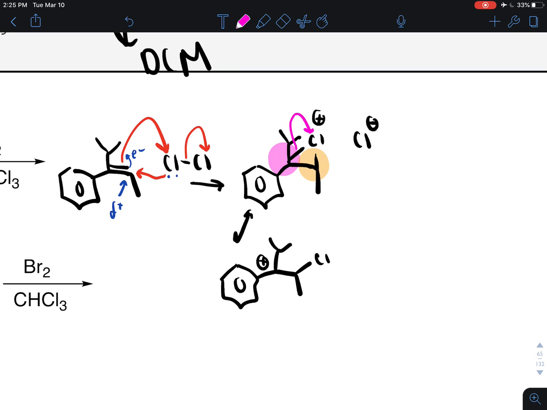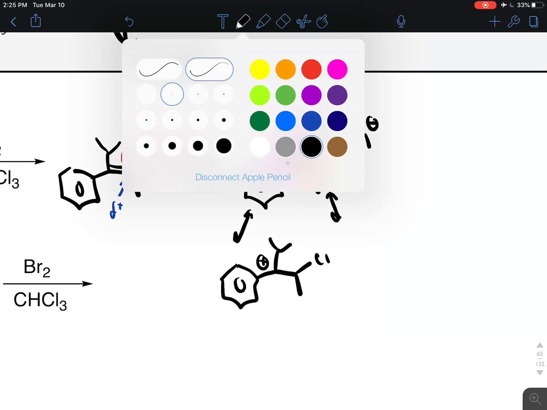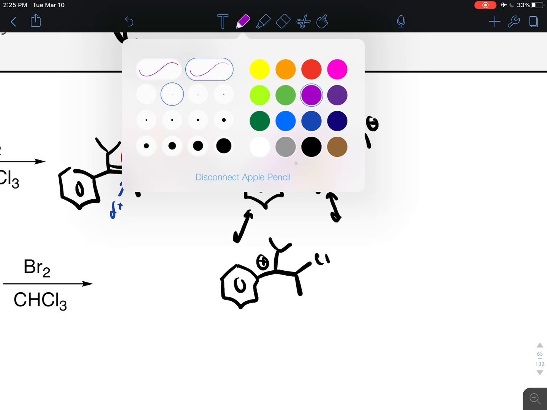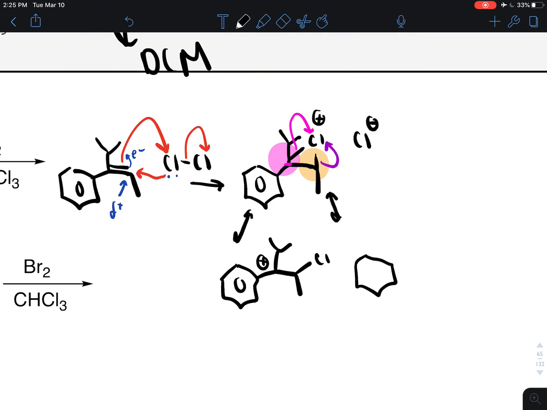We would just take those electrons from this carbon to that chlorine and make it a lone pair. And then the next series of mechanistic arrows to get the next resonance structure would look like this. The resulting structure would be this, so we see that we have two carbocations.